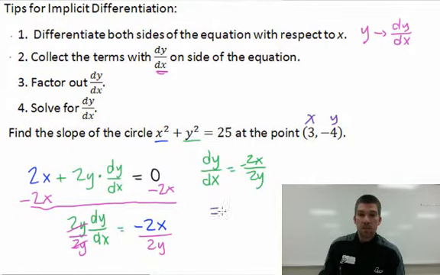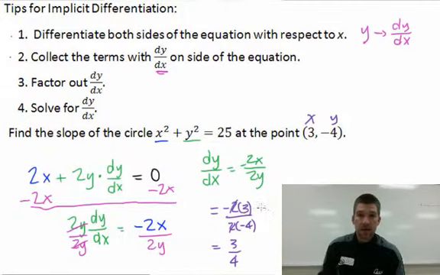So this is going to end up being negative 2 times 3 over 2 times negative 4. And what is that going to be? That's going to be 3/4. So the slope of my tangent line at the point 3, negative 4 is 3/4. And that's how implicit differentiation works.